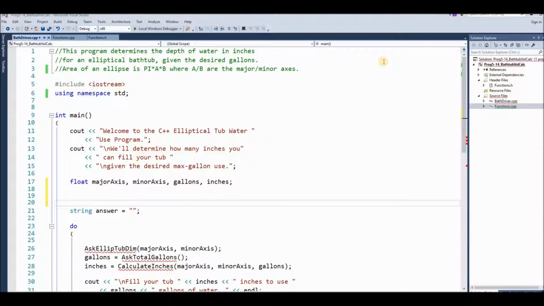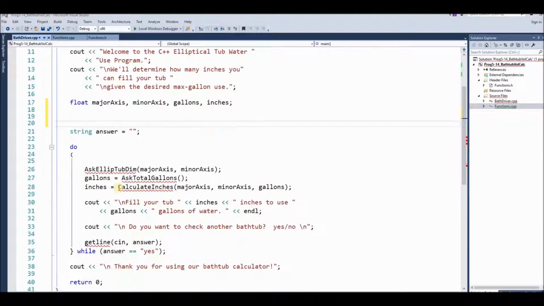right. When you're debugging, the first thing you need to look for are syntax errors, and here's some right here. Look at all the red squigglies. What does it say? It says ask tub dim ellipse tub dimensions is undefined, and so are these other two functions. Well, that's not good.